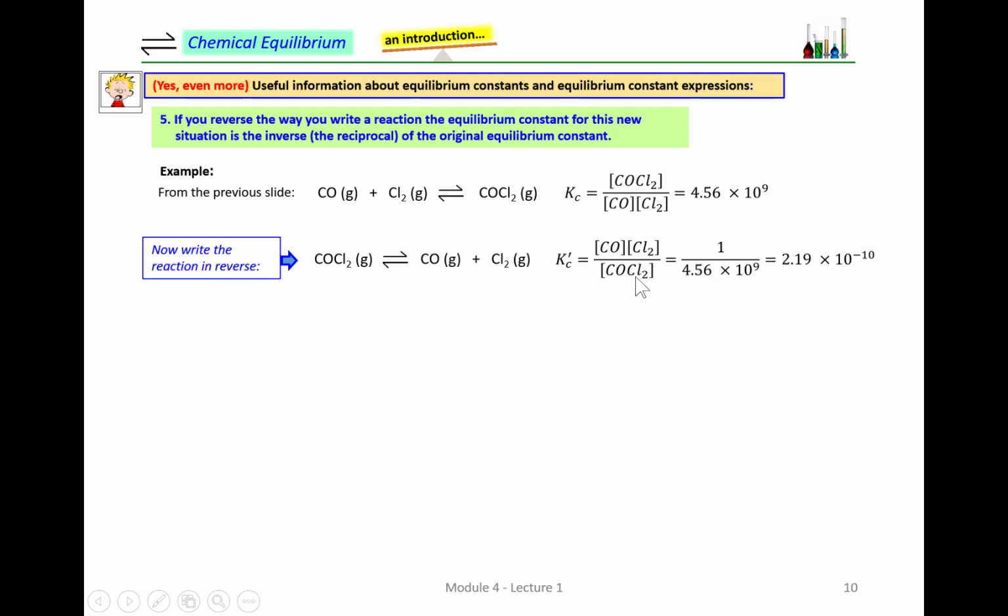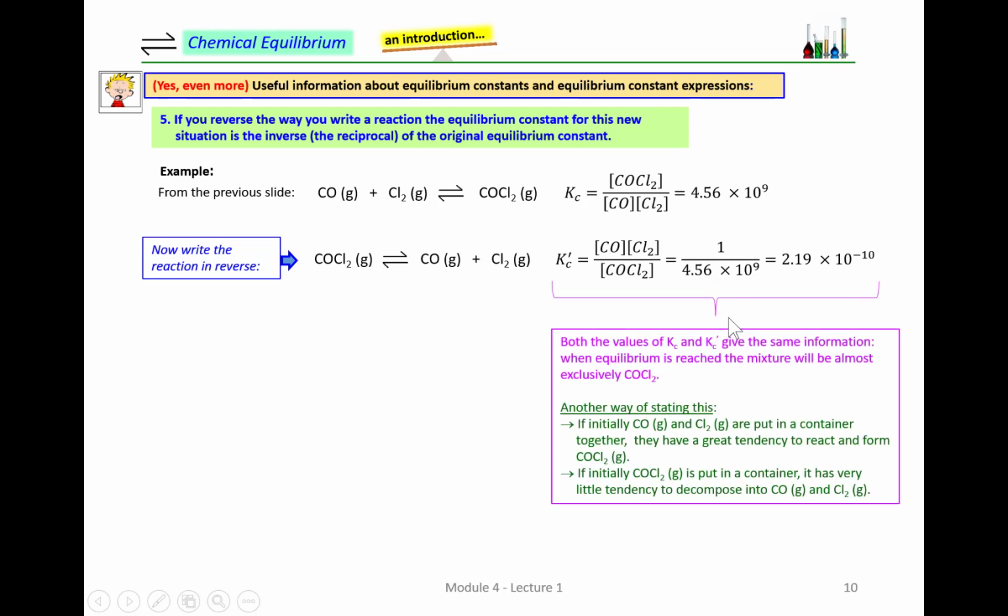If we take the reciprocal of this ratio, it means we need to take the reciprocal of this number. So the equilibrium constant for the reaction written this way is 2.19 times 10 to the minus 10. It's now suddenly ridiculously small. Now, this makes sense.